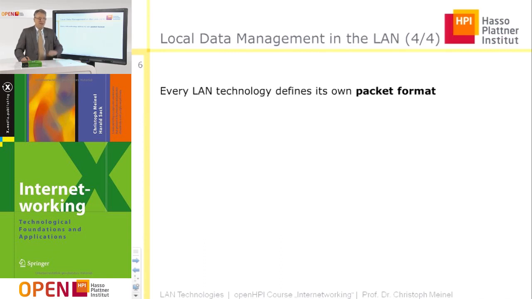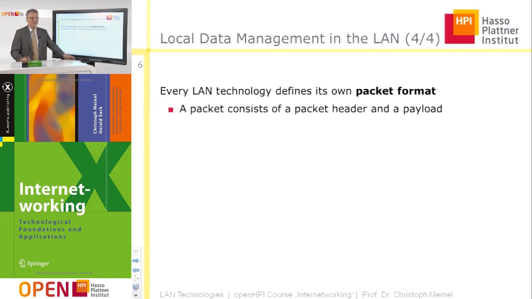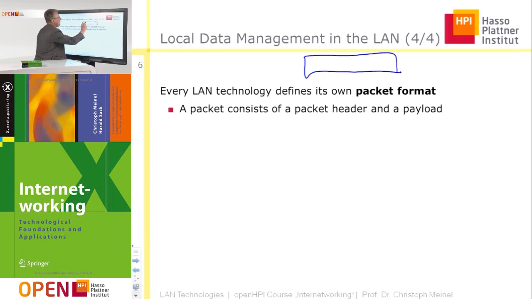We have discussed the format of the addresses in a local area network, the MAC addresses, and now we have to see how the packet format is defined. We already have seen that each data packet consists of a header and a payload.